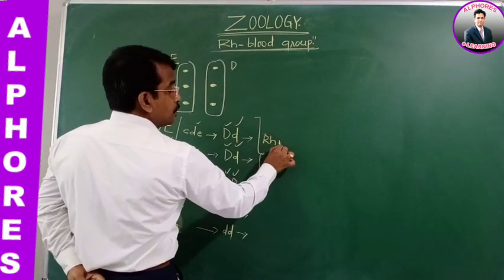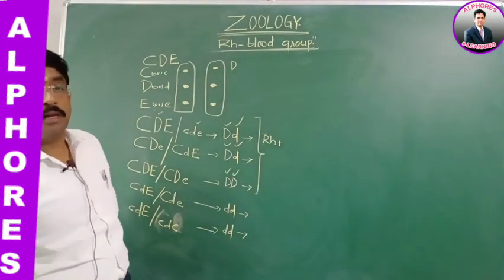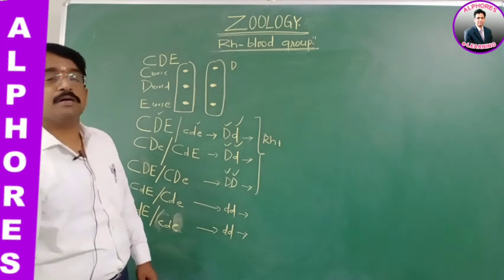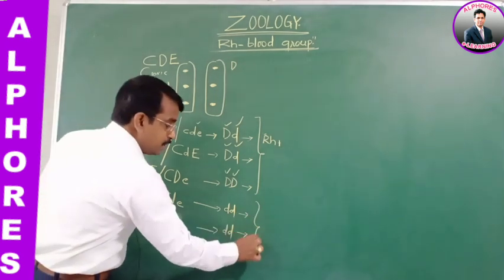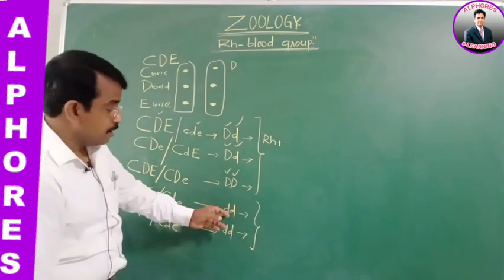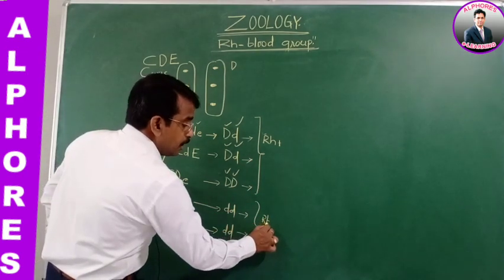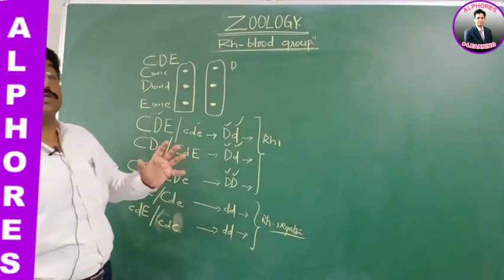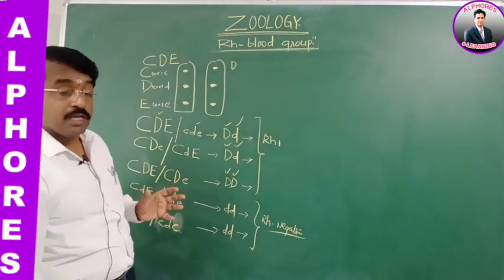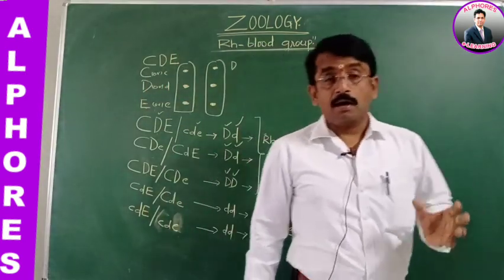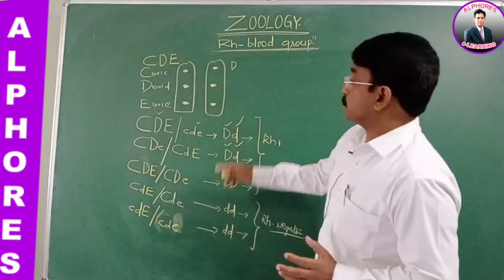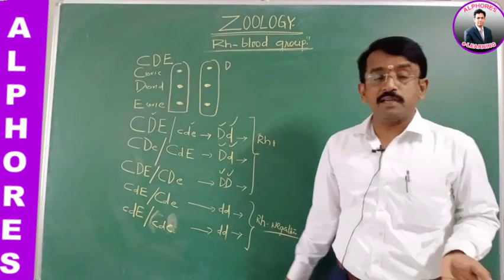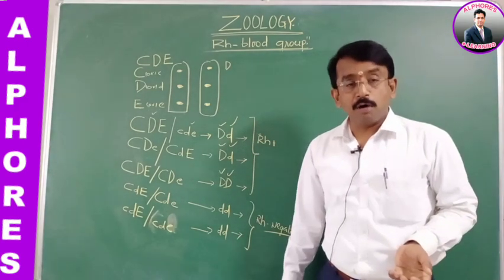So by this you come to know that an individual with a capital D allele is Rh positive. An individual with the double recessive condition is Rh negative. So this is the description regarding Fisher and Race. According to Fisher and Race, the presence of capital D determines an individual Rh positive, and this is the most commonly followed method of nomenclature.